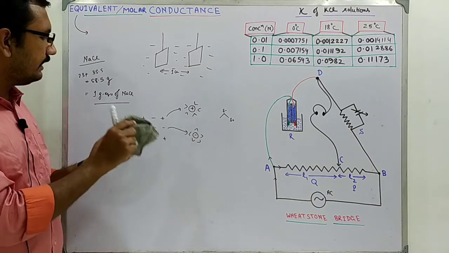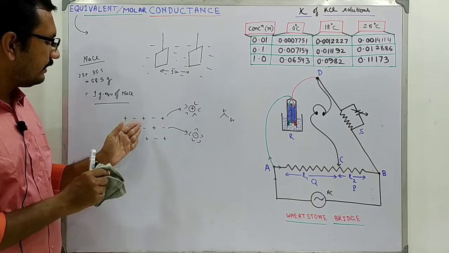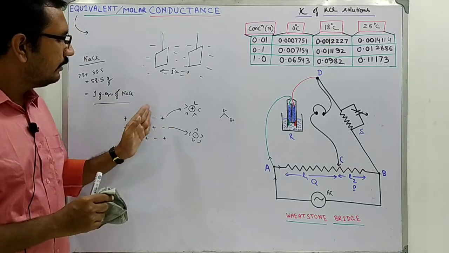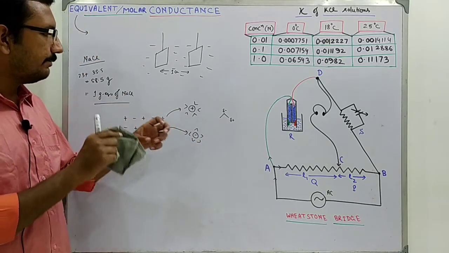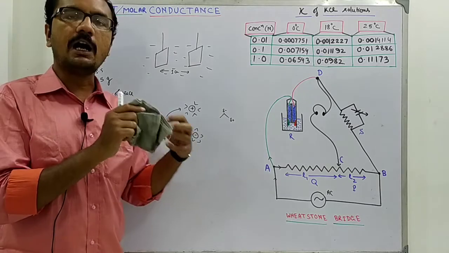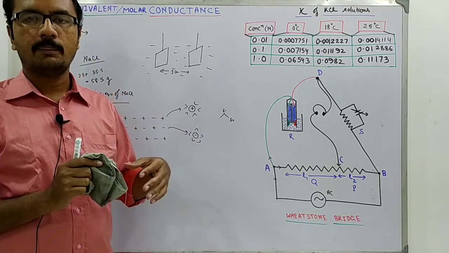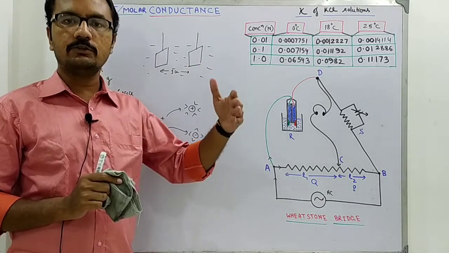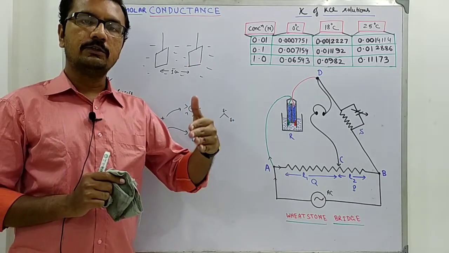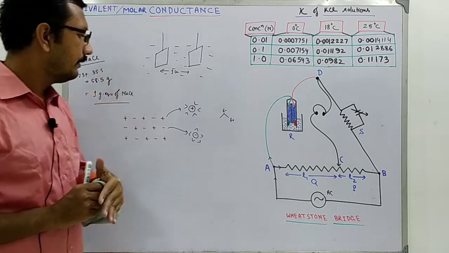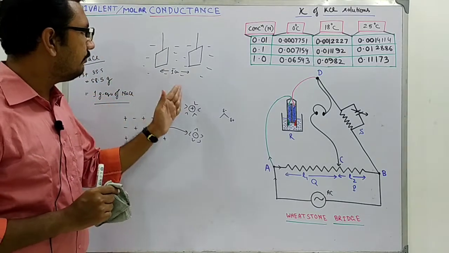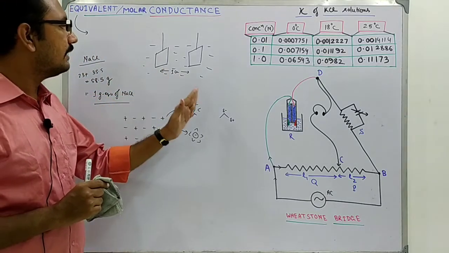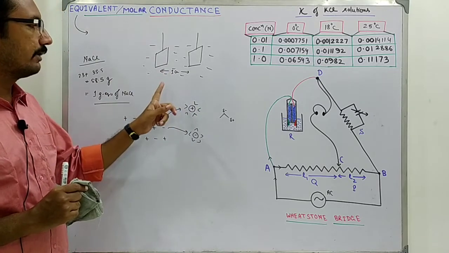So, to avoid this ionic structural pattern within the solution, you have to avoid high concentration. You have to depart from very high concentration to moderate to dilute. So, you have to deal with dilute or moderate concentration of electrolytes.